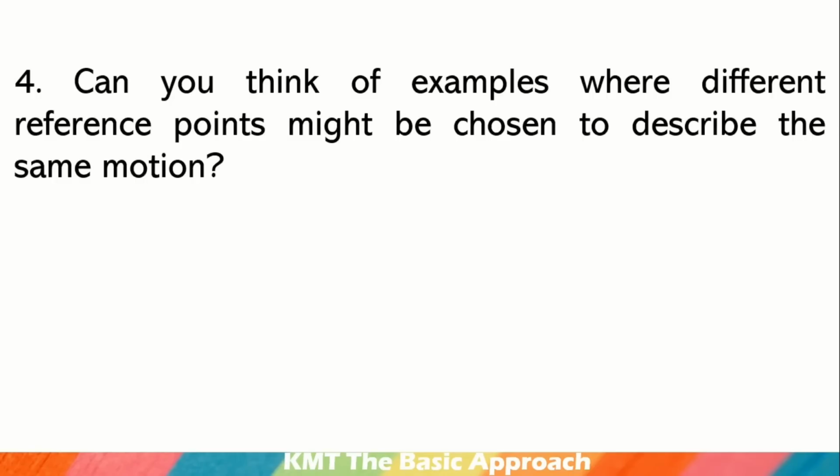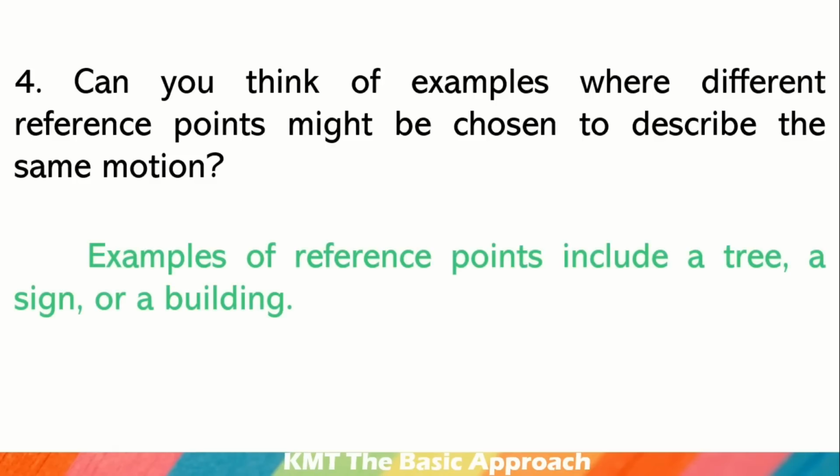Number 4. Can you think of examples where different reference points might be chosen to describe the same motion? Good job! Examples of reference points include a tree, a sign, or a building.